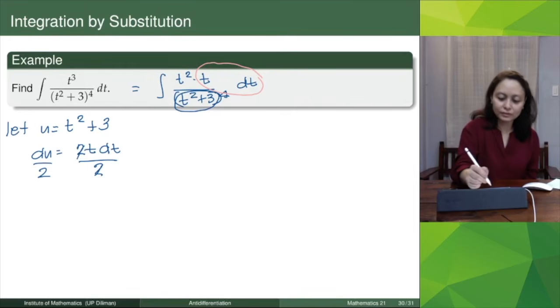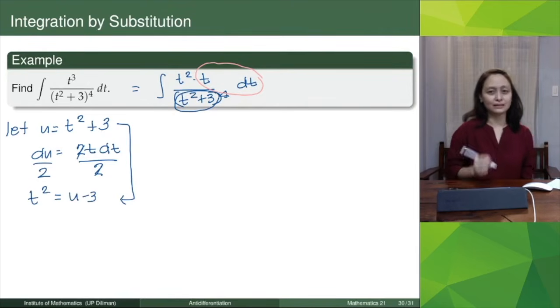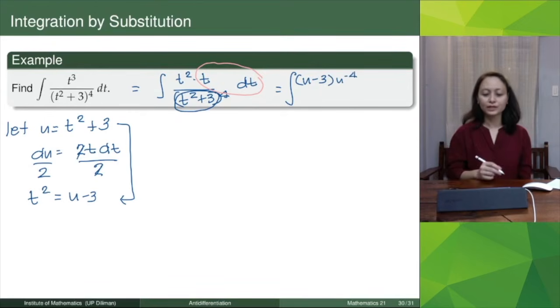Again, from this substitution, ano yung makukuha natin? T square is equal to u minus 3. Okay? Sige, so pwede nang i-rewrite. Yung t square ay u minus 3. Tapos, yung t square plus 3 raised to negative 4. Lagay na natin dito, u raised to negative 4.